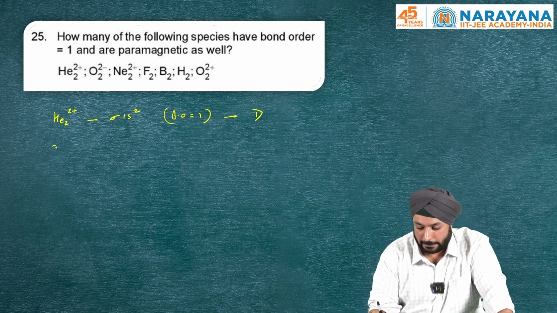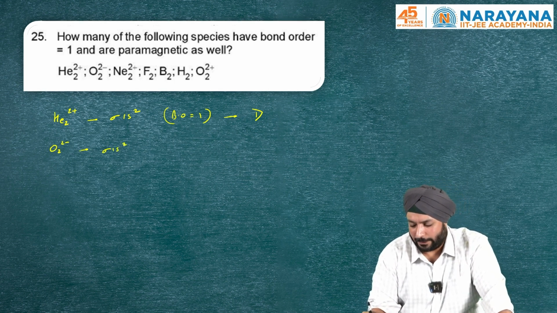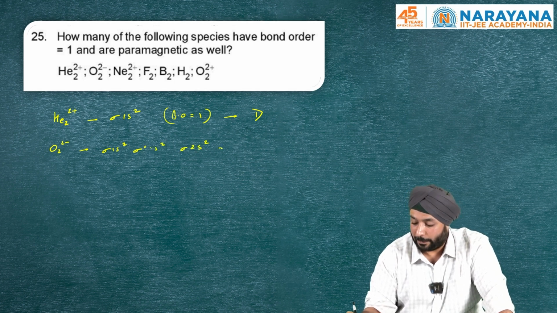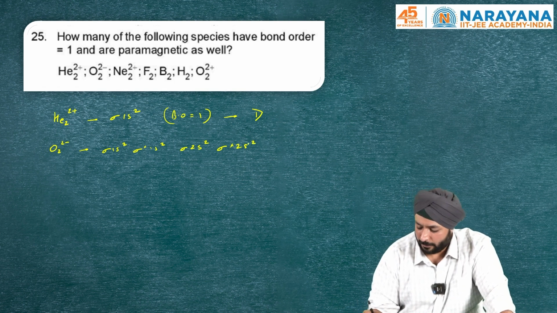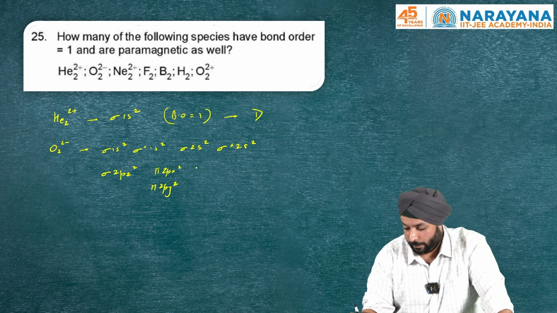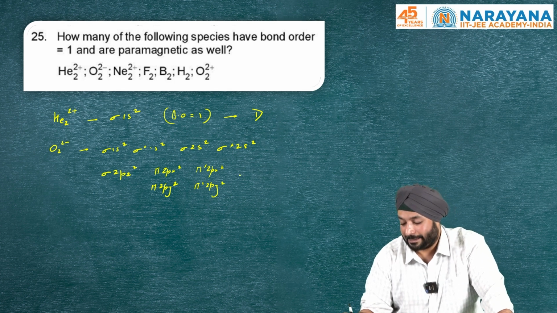O2 2 minus will behave like F2 only, right? Sigma 1s2, sigma star 1s2, sigma 2s2, sigma star 2s2. Then you'll have sigma 2pz2, pi 2px2, pi 2py2. Then you have pi star 2px2, pi star 2py2, and sigma star 2pz0. It is vacant.